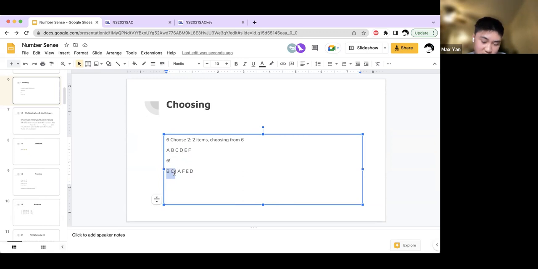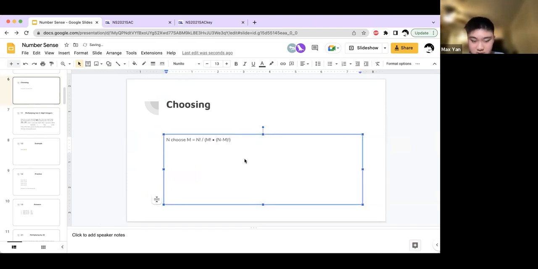Well, the order of these 2 doesn't really matter, so you divide by 2 factorial. But the order of the people that you didn't pick also doesn't matter, so you divide by another 4 factorial. And that's essentially how you get the formula: n choose m equals n factorial divided by m factorial times n minus m factorial.